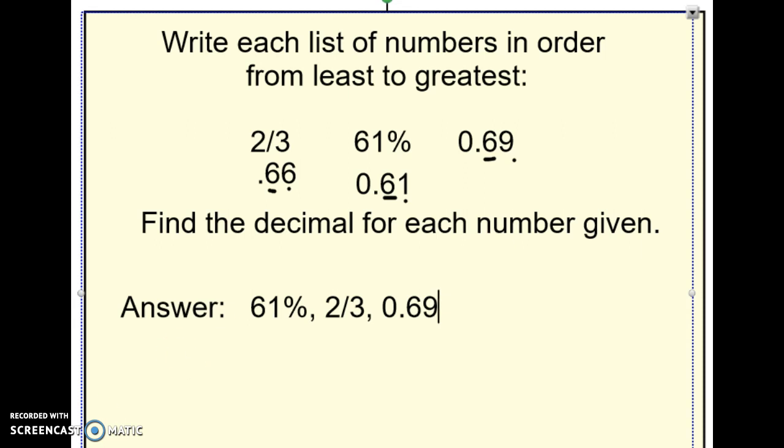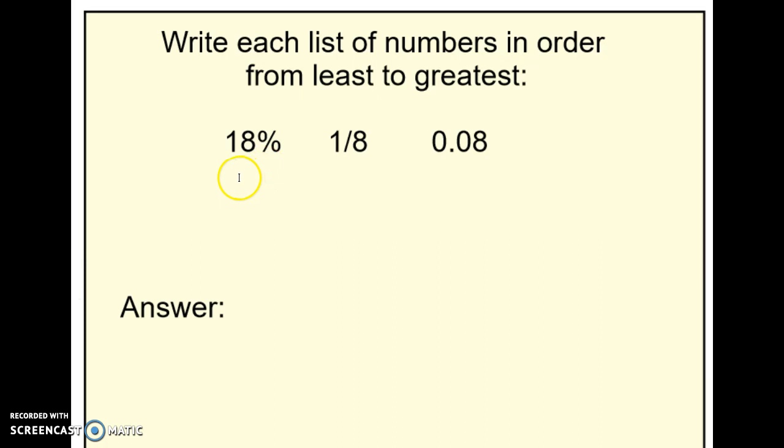Okay, let's try the next one. Here again, I'm going to find the decimal, 0.18. Ooh, 1/8. I have to do 1 divided by 8 to find my decimal. 0.125. All right, so I'm going to again look at my place value. So I have 1, 1, and 0.